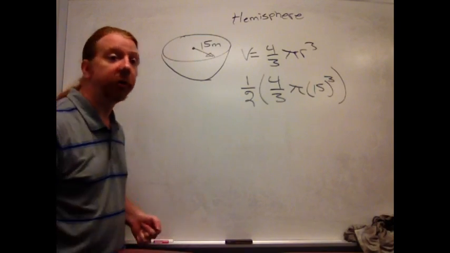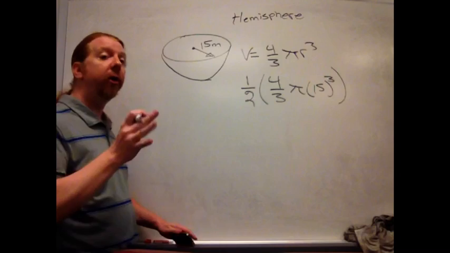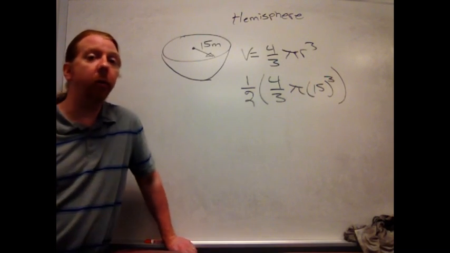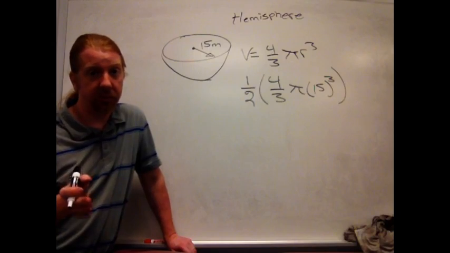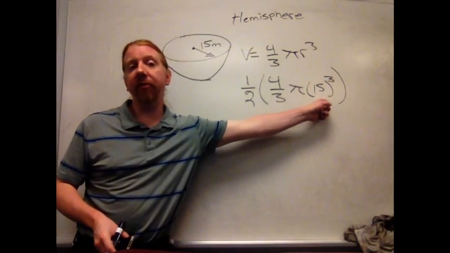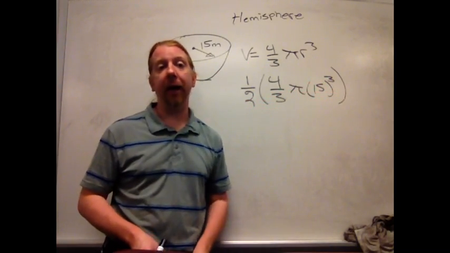Now all I have to do is start calculating and evaluating this expression all the way out. The good news is, I can, if I want to, multiply everything left to right once I've dealt with my exponent. I could also work left to right and just remember to multiply 15 in there 3 times because it's raised to the 3rd power.